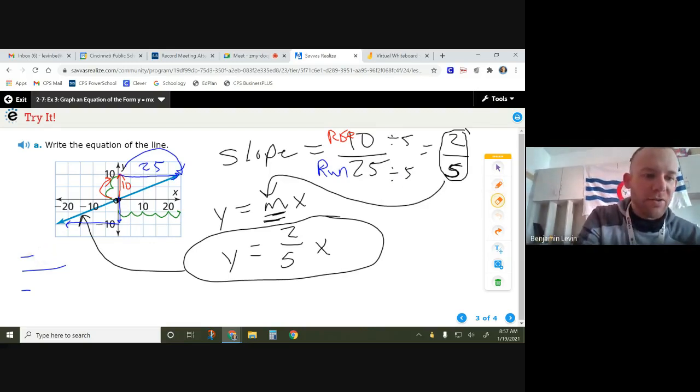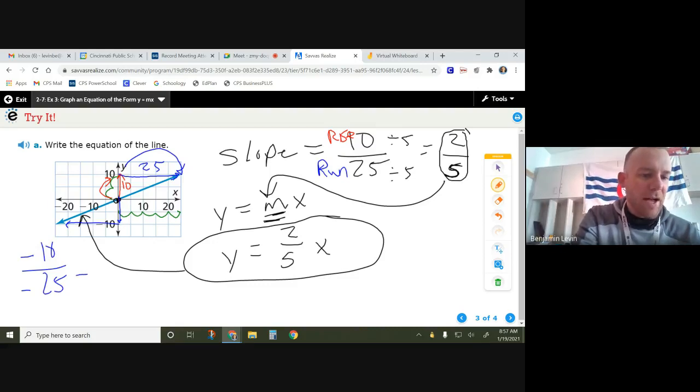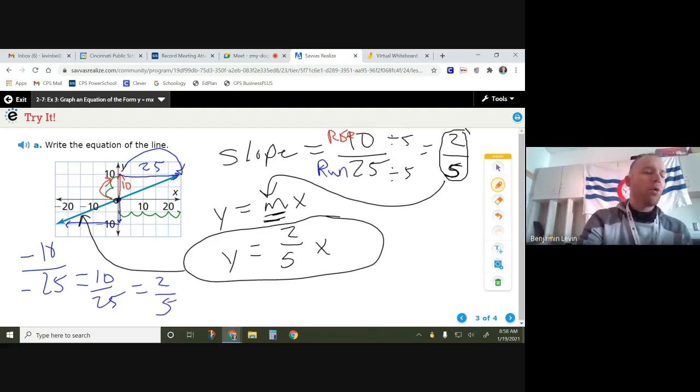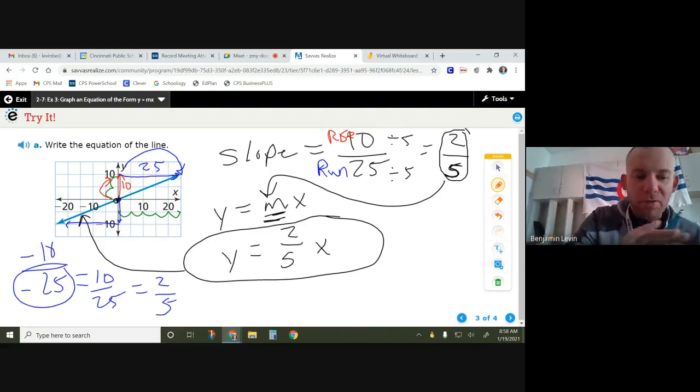but it's just confusing. There's no reason to confuse yourself. You still get the same answer because negative divided by negative is positive, so that's the same as 10 over 25, which is the same as what we got, 2/5. But there's no reason to ever go left when you're finding a slope, because that will confuse you.